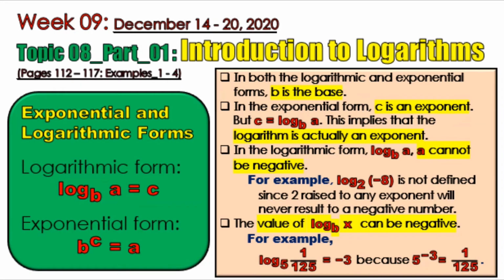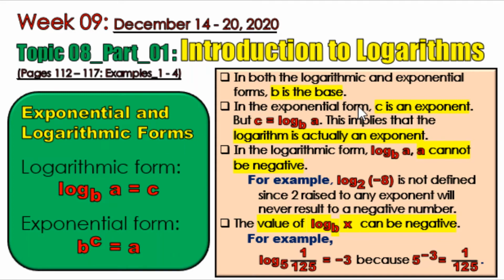Exponential and logarithmic forms. Logarithmic form, we have logarithm of a to the base b is equal to c. And for the exponential form, we have b raised to c is equal to a. In both the logarithmic and exponential forms, b is the base.